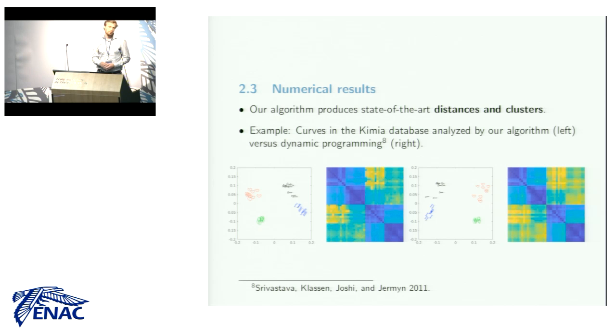We wanted to see how closely we can reproduce the results that you get by dynamic programming, which is one of the state-of-the-art methods for solving this shape matching problem. And we see very good results, comparable to the state-of-the-art, and our implementation is fast and more general, as I will show next.